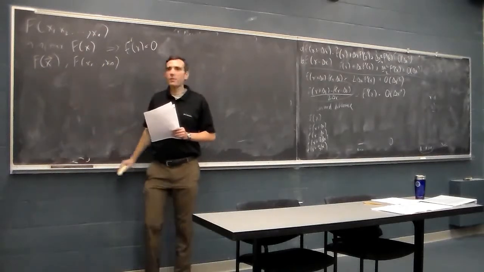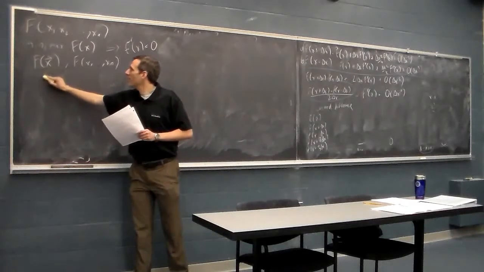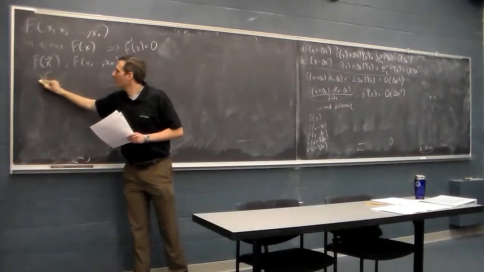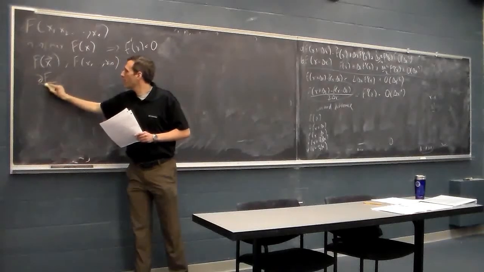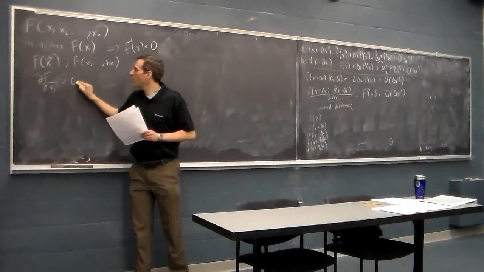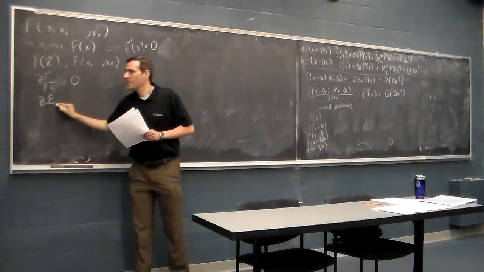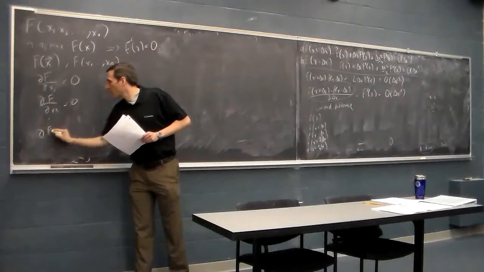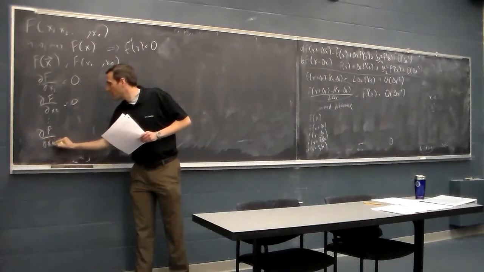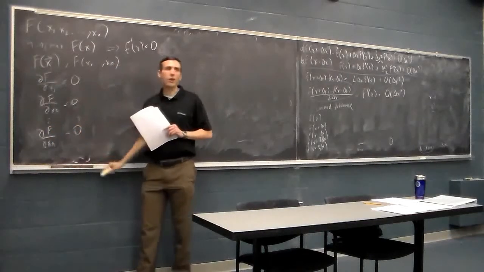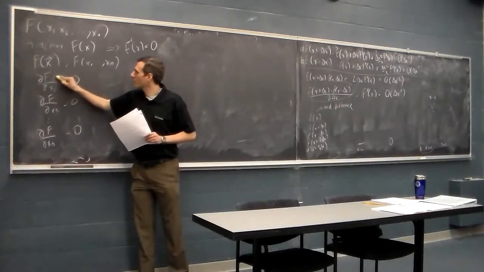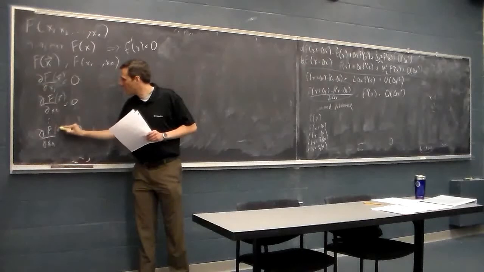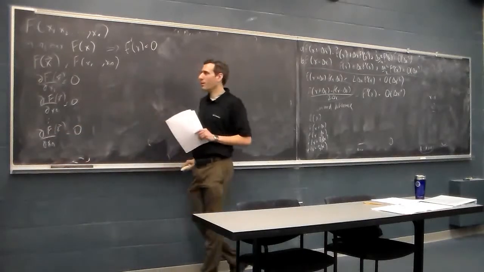So where maxima and minima of this occur, it must be the case, unless we're at the end point of a finite interval, that the partial derivative of f with respect to x1 is equal to 0, partial derivative of f with respect to x2 is 0, etc., up to the partial derivative of f with respect to xn is equal to 0. So if there's some vector x where that occurs, that is a potential maximum or minimum of our function.